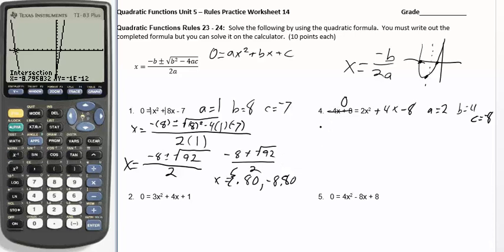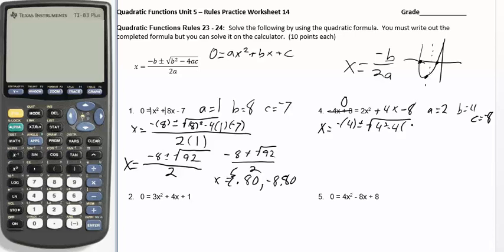So now we're going to write the equation. So x equals negative b, which is 4, plus and minus square root of b squared, which is 4 again, minus 4 times a times c, all over 2 times a.